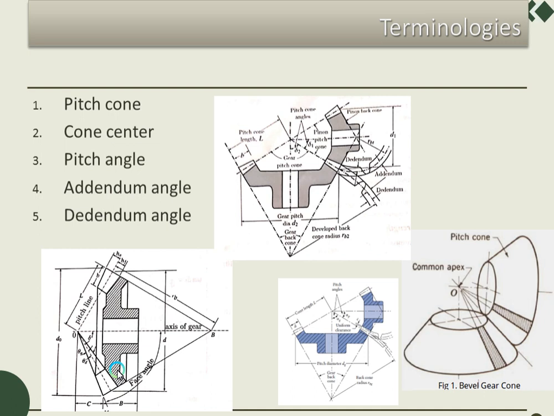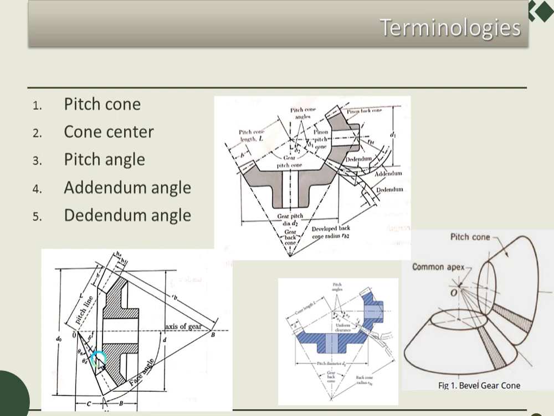Addendum angle is from the apex point to the surface, where the theta A, you can see, is the projection made from the axis of the tooth to the upper surface, to the addendum. We call that the addendum angle.